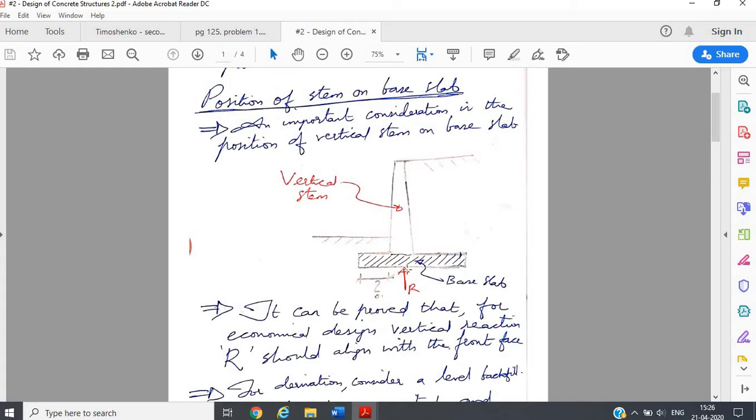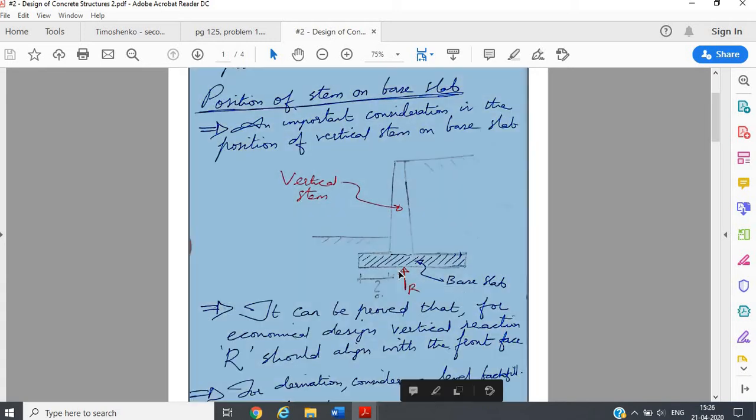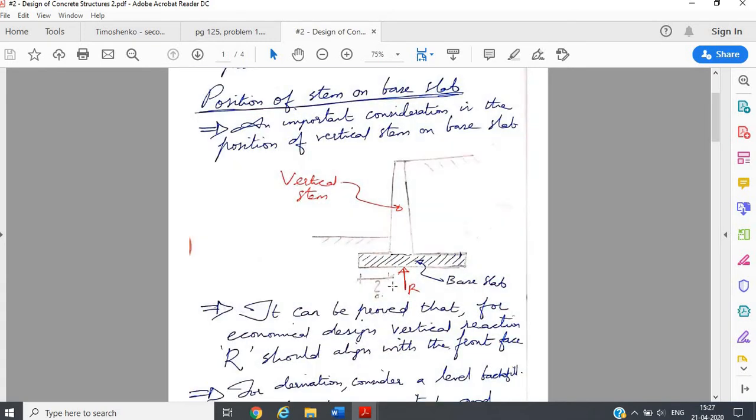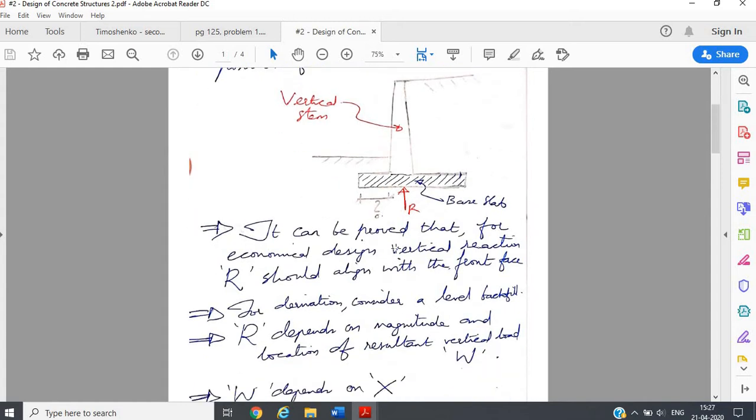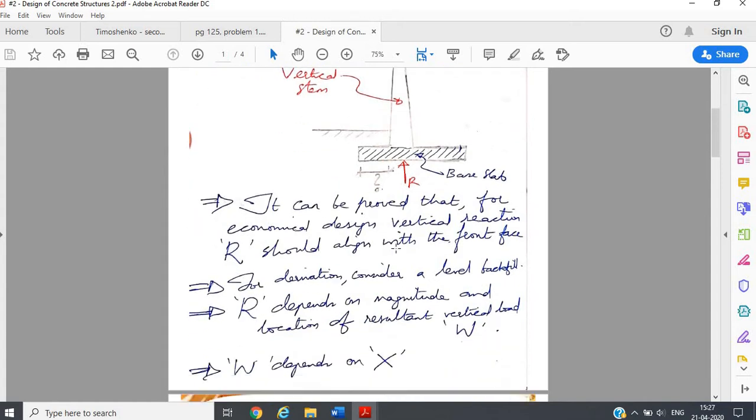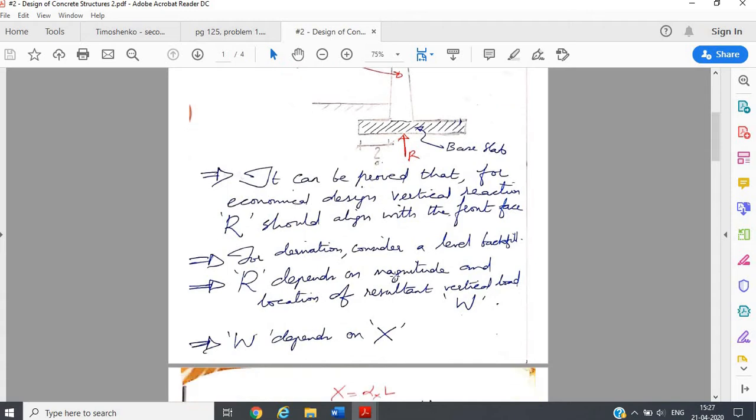It can be proved that the economical design is achieved when the position of R is aligned with the vertical stem. So if R matches with the vertical face of the retaining wall, then we can achieve economical design. So how can you prove that? Well, we will discuss that in today's lecture.